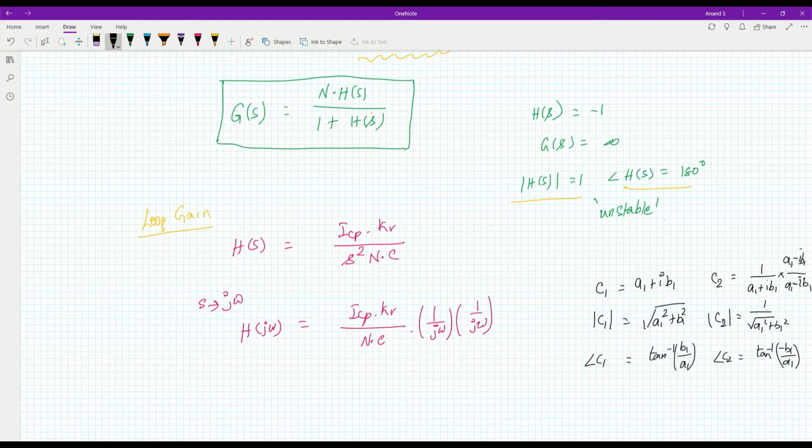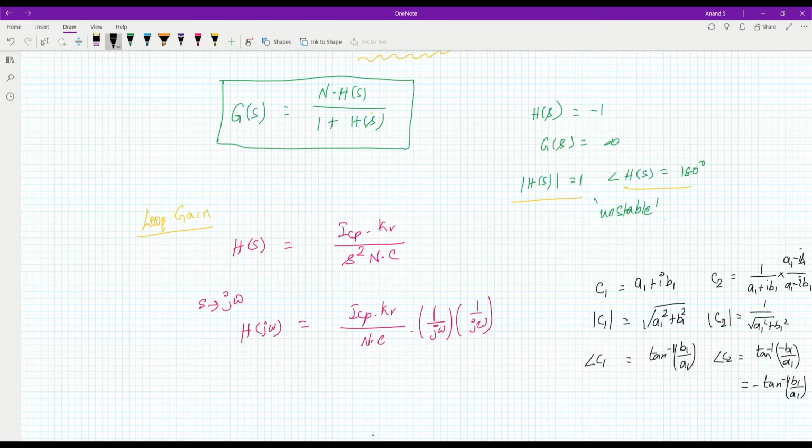As tan minus theta is minus tan theta, that will be equal to minus tan inverse of B1 divided by A1. So from here we can see that if the complex number is in the numerator, it will behave just opposite to that of if the complex number is in the denominator. So the gain will be inverse for the complex number in the denominator, and the angle will be negative.